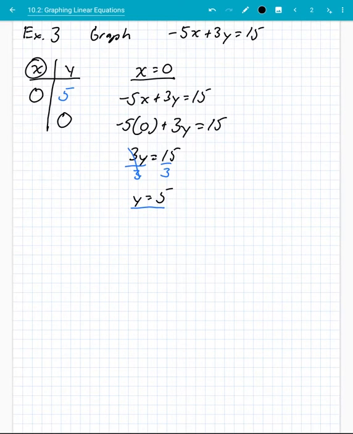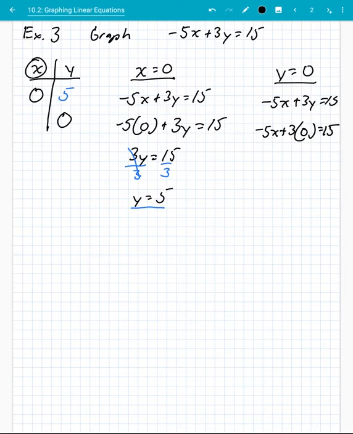And our other point, this time we're saying y equals 0. So negative 5x plus 3y equals 15. We're going to make y equals 0. It's not x this time. We're making y 0. But notice 3 times 0 makes 0, so we're left with negative 5x equals 15.